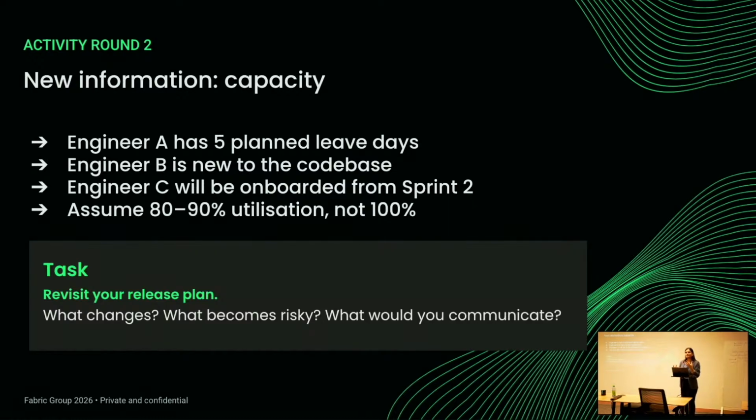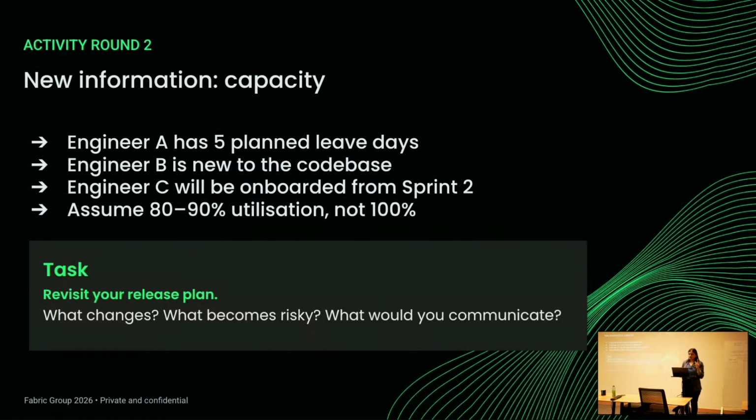So they wouldn't be as productive since day one. They will take some time ramping up, getting the context about the code repository as they go. So let's assume that their utilization has been reduced to half, and engineer C will be onboarded from sprint 2 because, like I said, we will be gradually ramping people up.